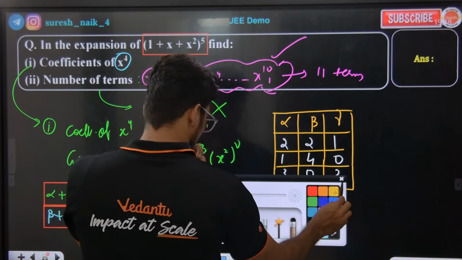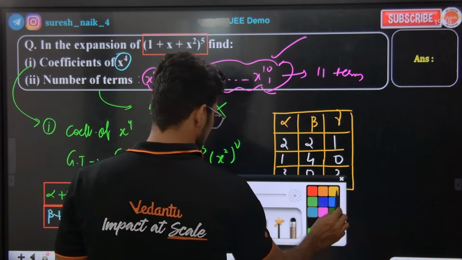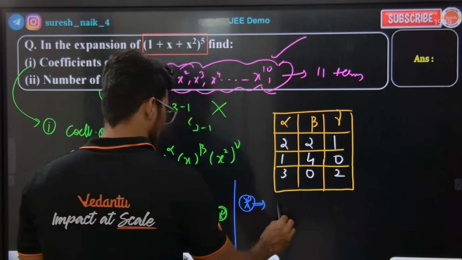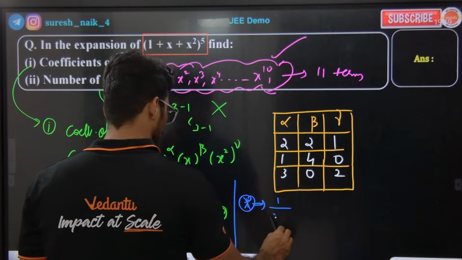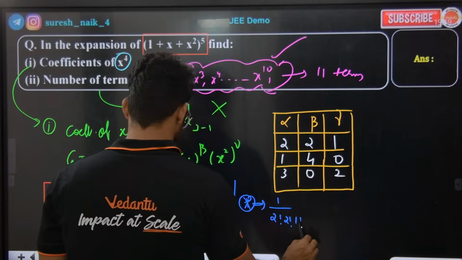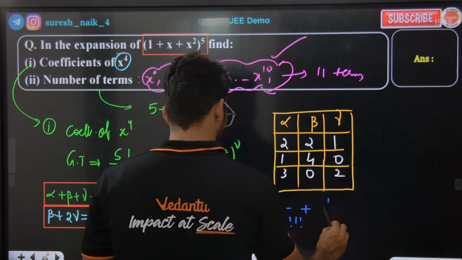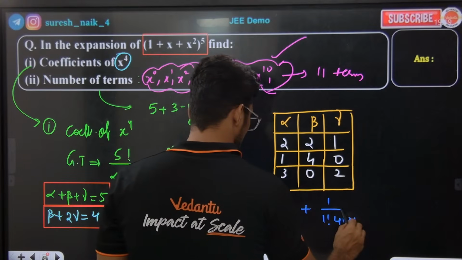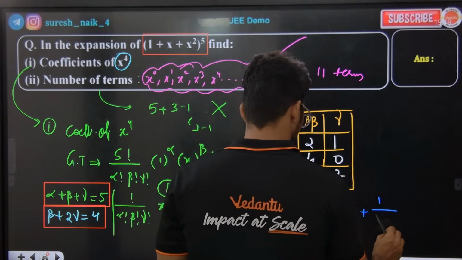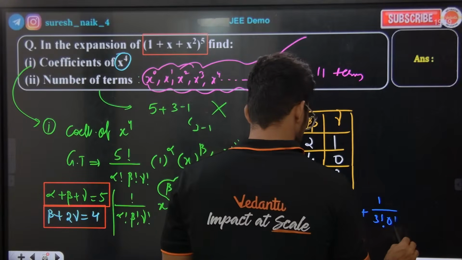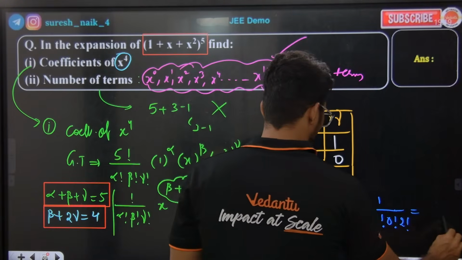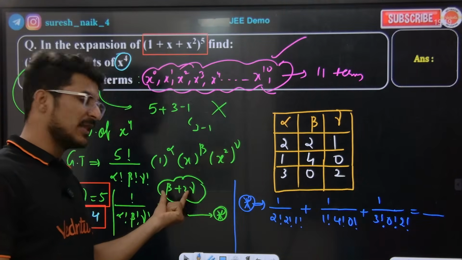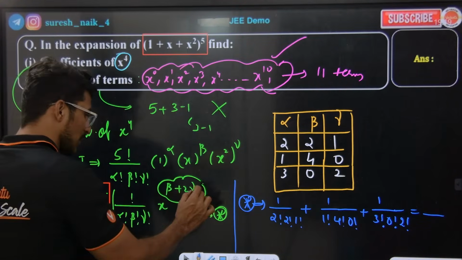From the star expression, 1 divided by alpha factorial beta factorial gamma factorial: 1 by 2 factorial 2 factorial 1 factorial, plus 1 by 1 factorial 4 factorial 0 factorial, plus 1 by 3 factorial 0 factorial 2 factorial. If you add this, you will get the coefficient of x to the power of 4. Check all this: if you substitute in place of beta plus 2 gamma, the coefficient of x to the power of 4 is 4.